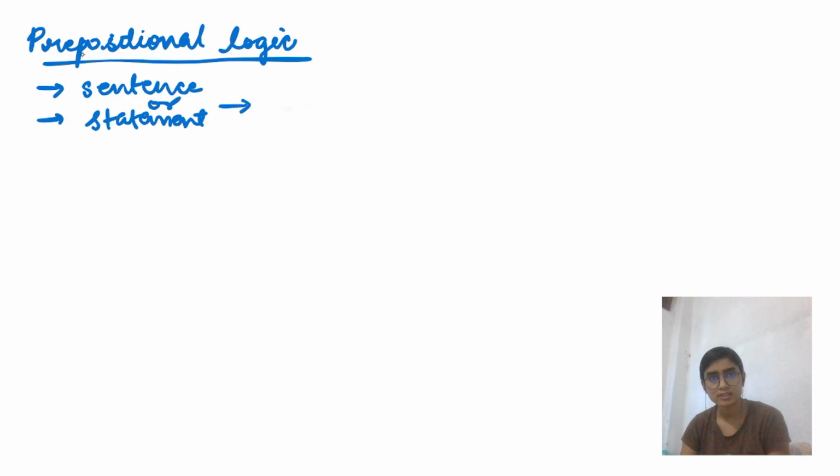So I will write here true or false. Nothing else can be the answer of that statement. Like if I ask you, are you 24 years old? The answer can be true or false. There is nothing like maybe or may not be. The answer can't be like this, okay?